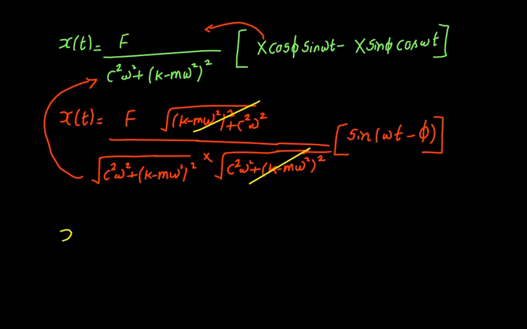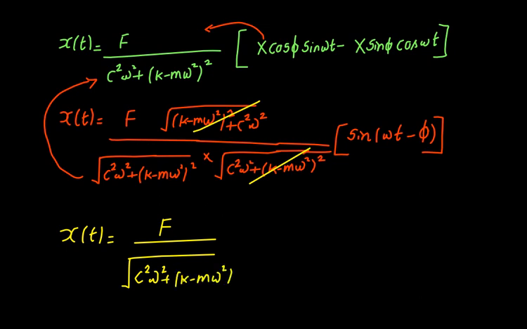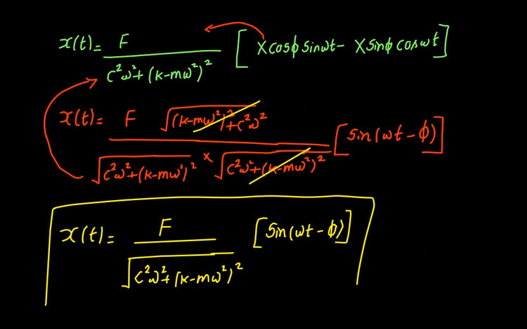So the final solution to the particular integral, which is the forced vibration solution, is F divided by the root of c square omega square plus (k minus m omega square) the whole square, into sine (omega t minus phi). So this is the solution to the particular integral. You can just add it with the free vibration solution to get the general solution, but this is the solution for the forced vibration system.